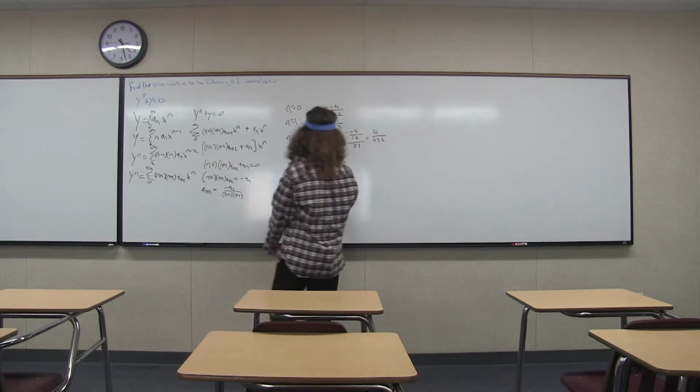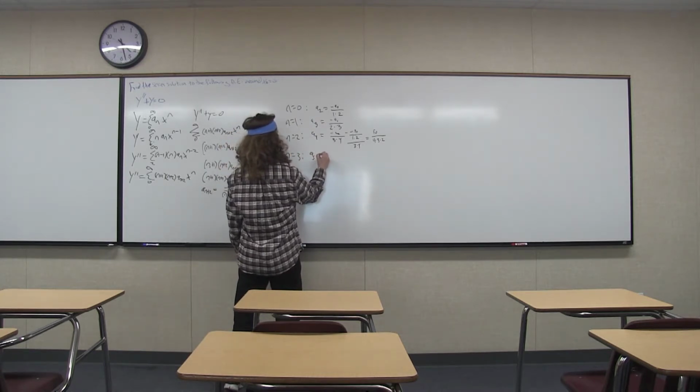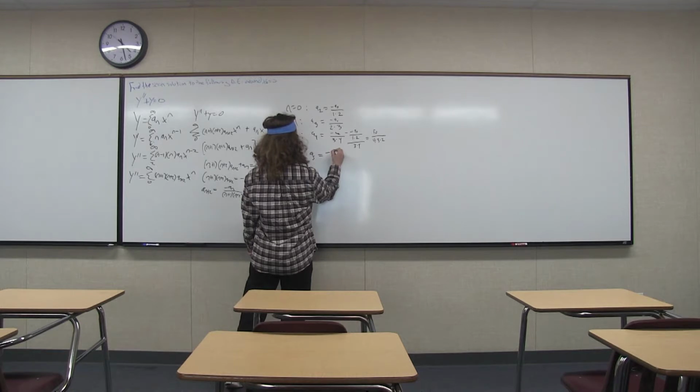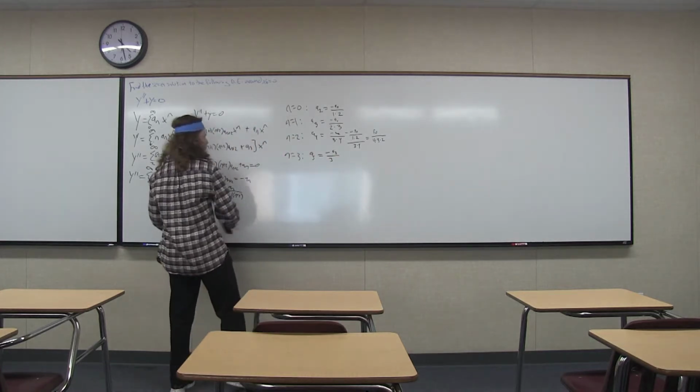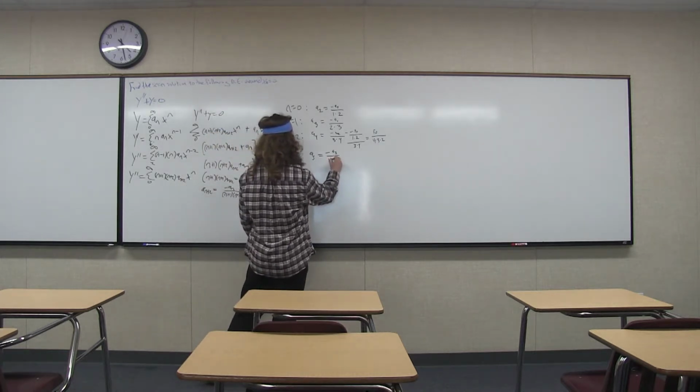And if you continue here to n equals 3, you find a subscript 5 is equal to negative a3 over 4 times 5.